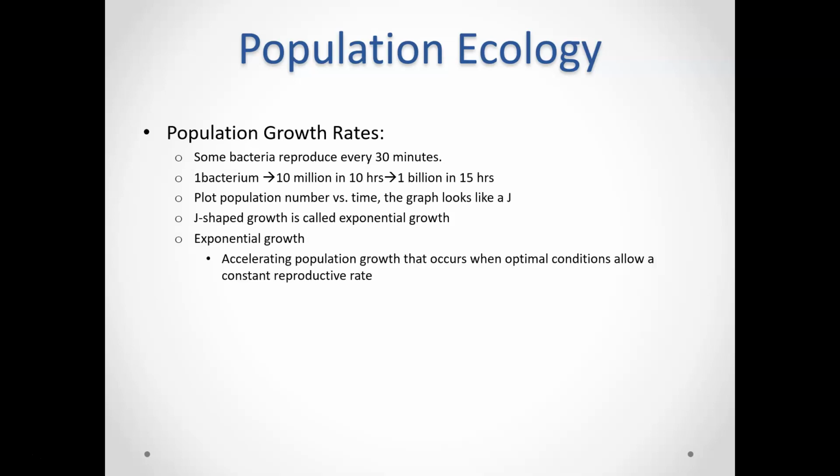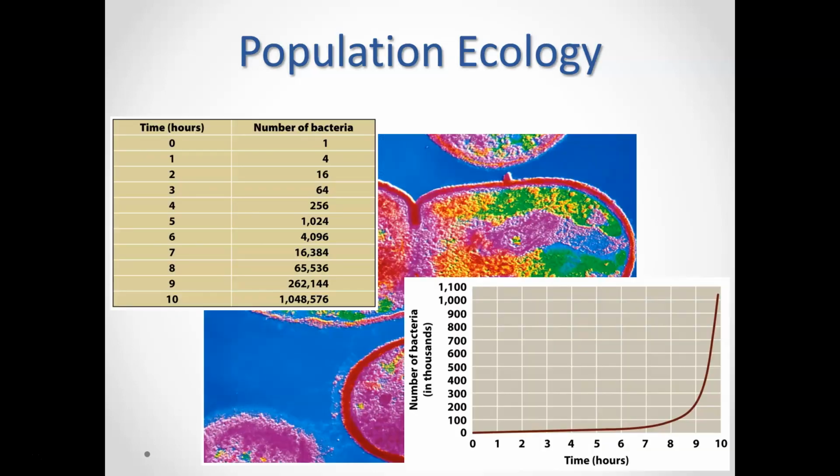What we mean when we're talking about an exponentially growing population is the population growth rate is accelerating. It's getting bigger and bigger. So that R that we looked at is growing larger, which means the shape of our curve is going up, up, up. And it essentially happens when we have optimal conditions and an almost constant reproductive rate.